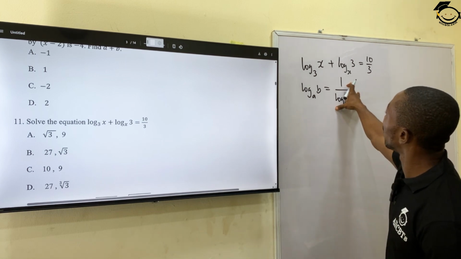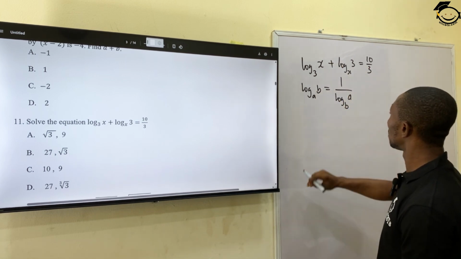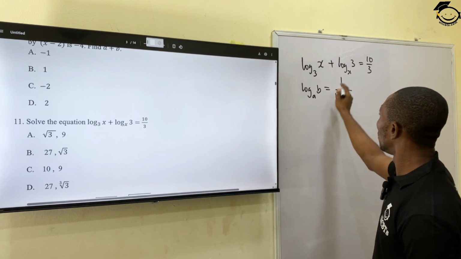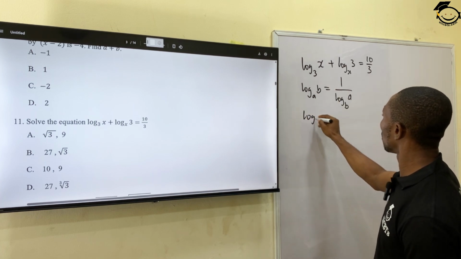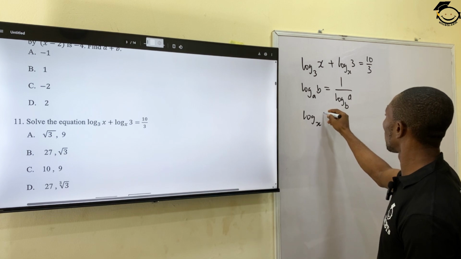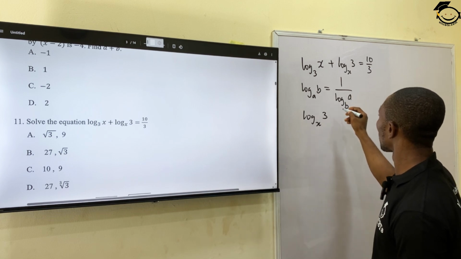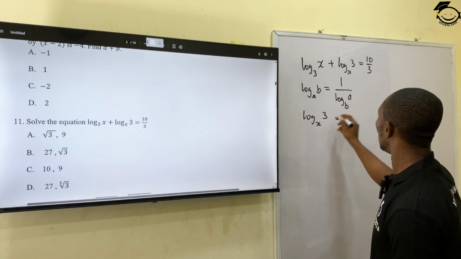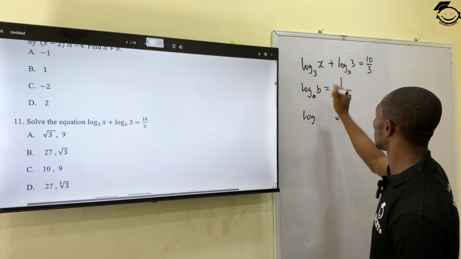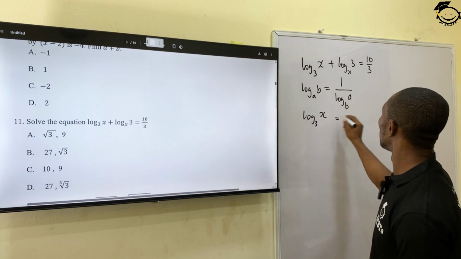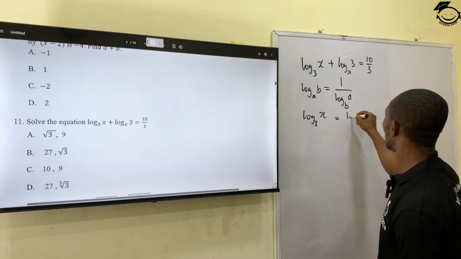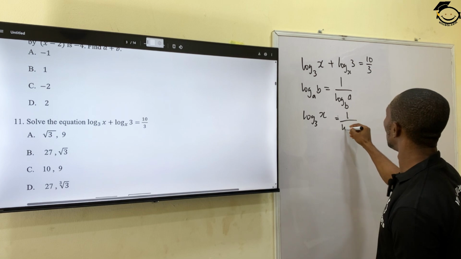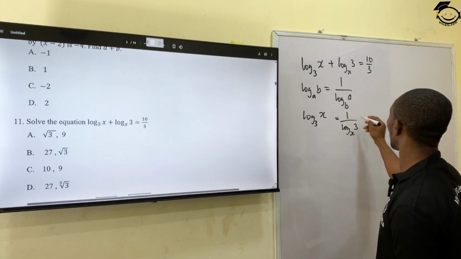Applying this formula, log_3 x can be rewritten as 1 over log_x 3.